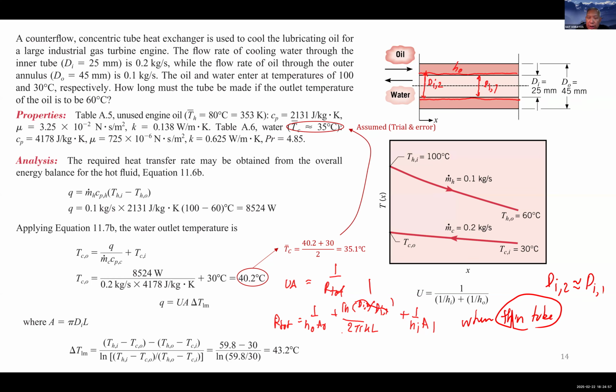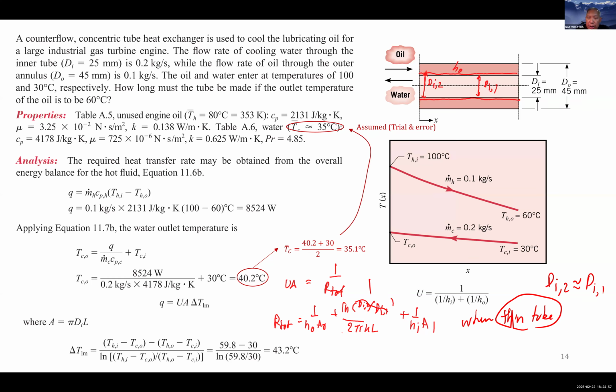And also, pi d2 multiplied by L should be approximately equal to pi di1 multiplied by L. This is the AO. This is the AI.